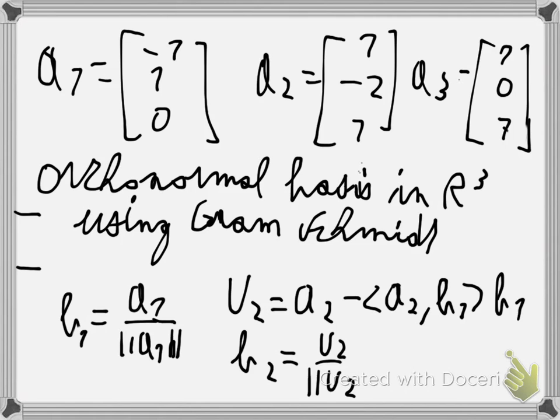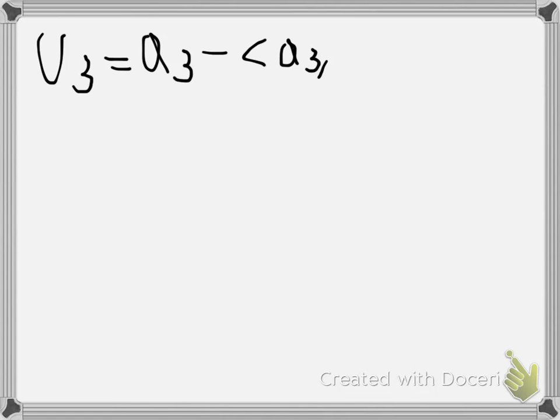To find B3 you will find the vector U3, which should be given by A3 minus the dot product of A3 and B1 times B1. We multiply the dot product by B1 to give a direction, because here we use vectors. Remember that the dot product returns a scalar, not a vector.